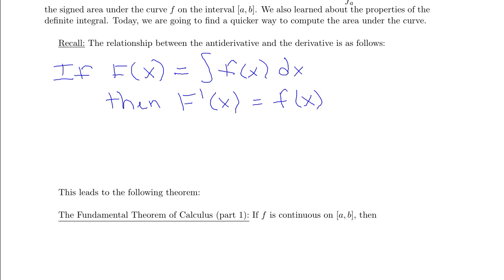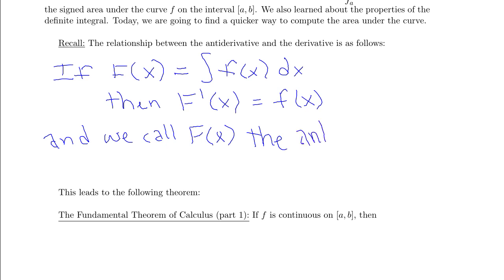And we call big F of x our antiderivative, the antiderivative of little f of x.